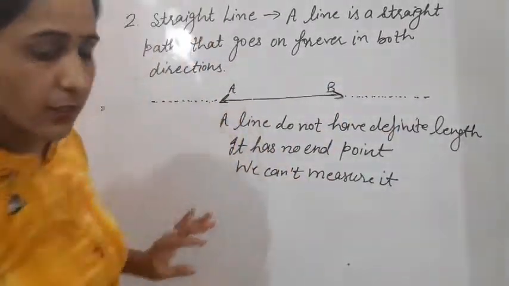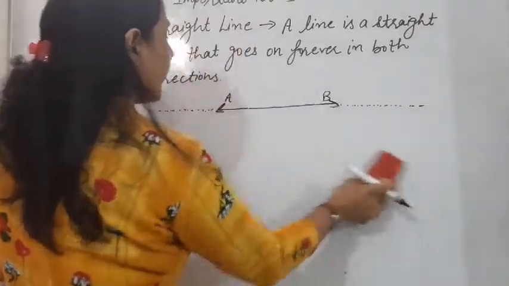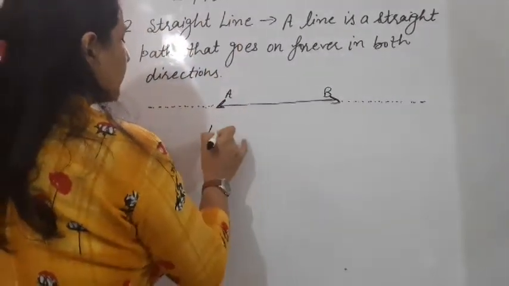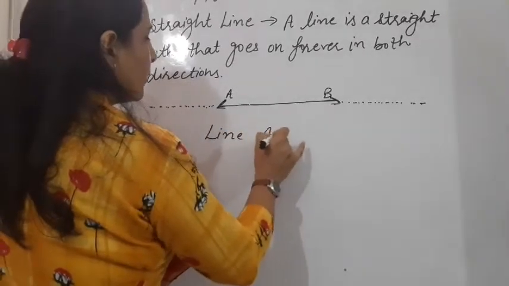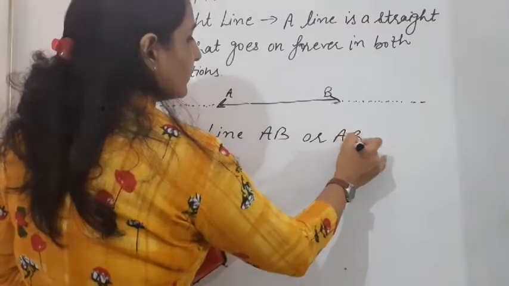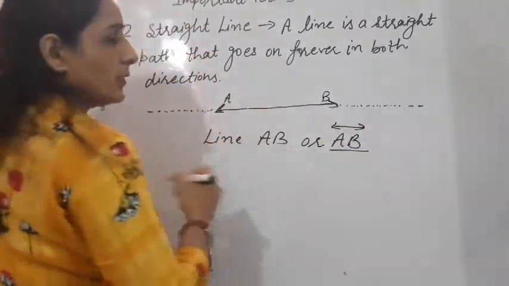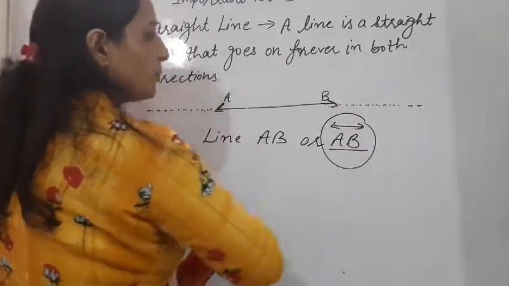We can give the name of this one, line AB. It is line AB, or we write it like this with the symbol AB. We call it line AB.